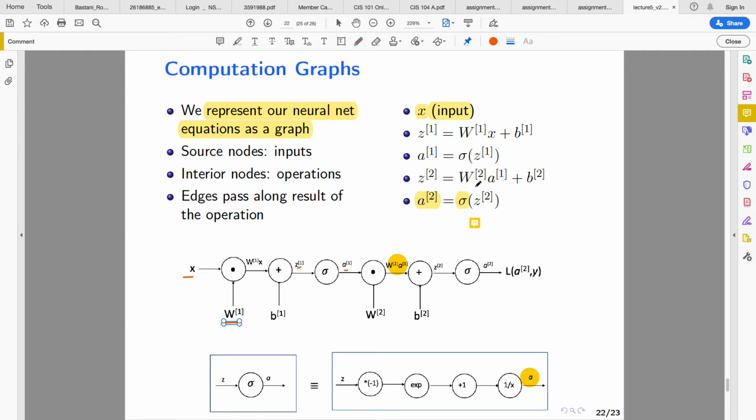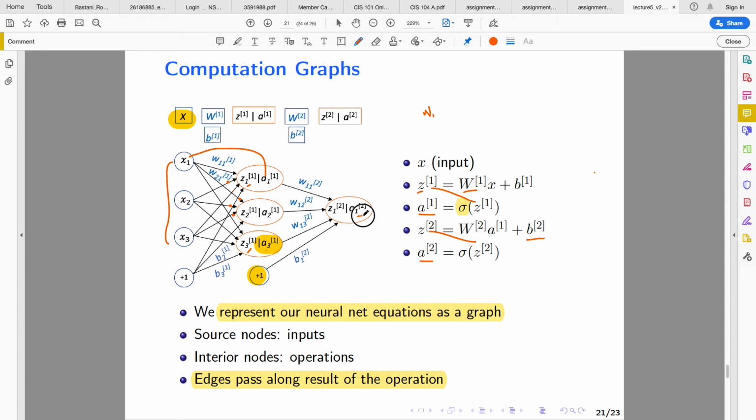For this one, we use w2 and a1 to be able to get this. As we continue, the result that we have is w2 and a1. We multiply, and that is going to the next layer.